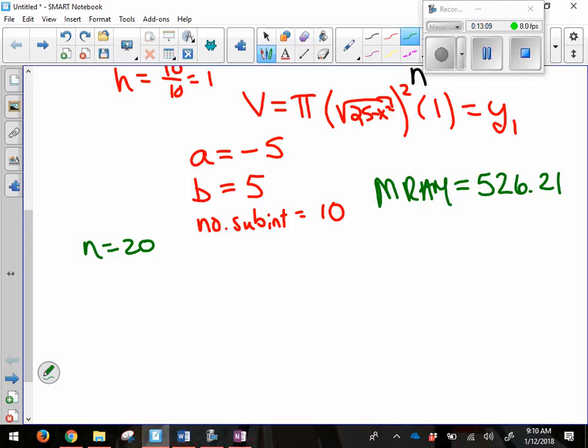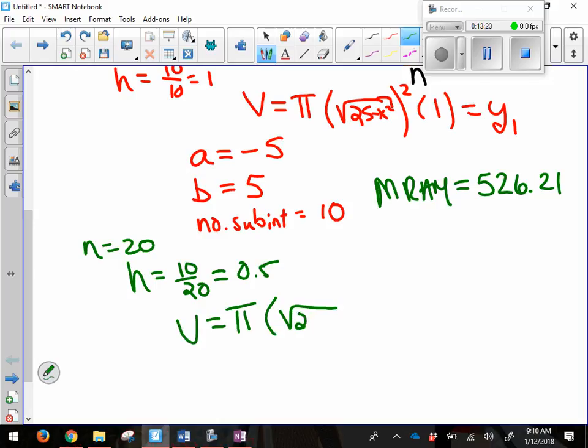In the problem. So that means that h is going to be 10 divided by 20, or h is going to be what? A half or 0.5. So now our v is going to be pi r squared, 25 minus x squared squared times 0.5, and that's what you're going to put in for y1.